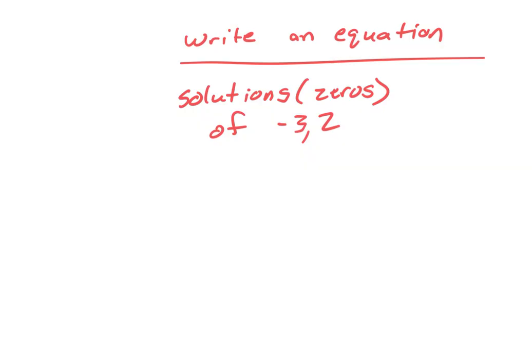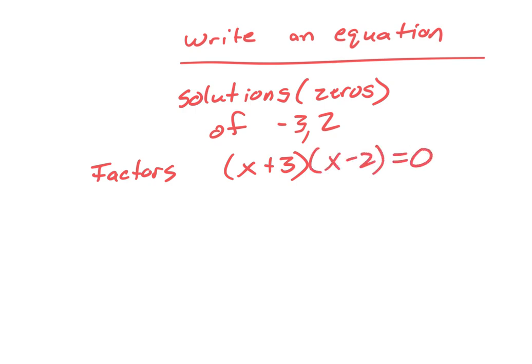The first thing that we're going to do is we're going to write out the factors of those zeros. So the factors would be x plus 3 and x minus 2. But we want to put the equation into standard form. This would be what we call factored form of the polynomial.